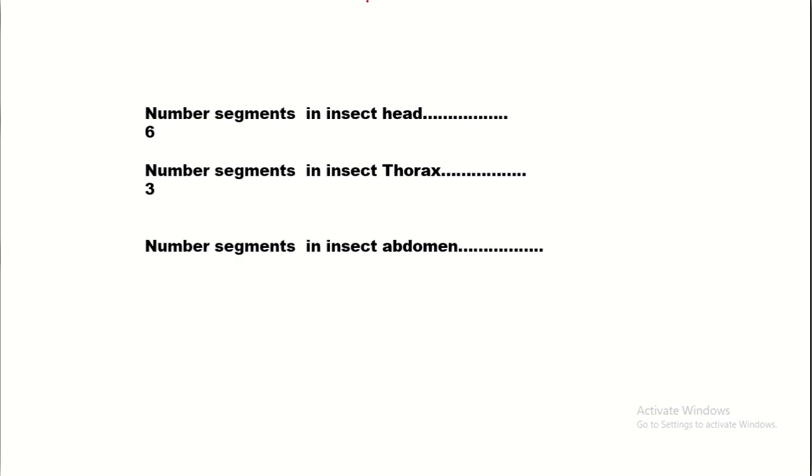Number of segments in the insect head is 6. Number of segments in the insect thorax is 3. Number of segments in the insect abdomen is 9 to 11. Insect wings are located on the meso and metathorax.